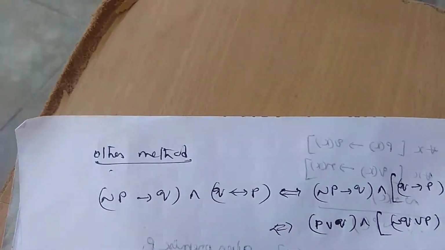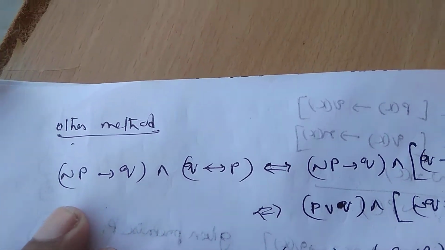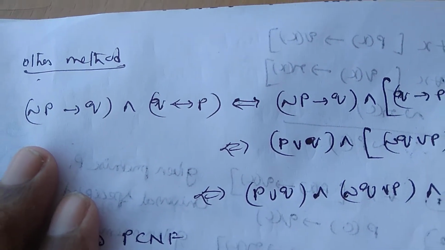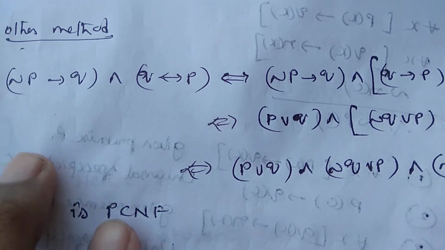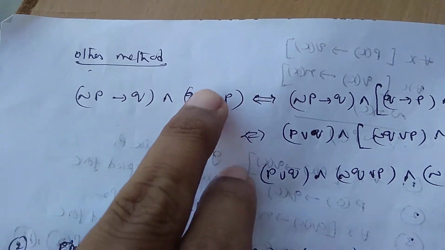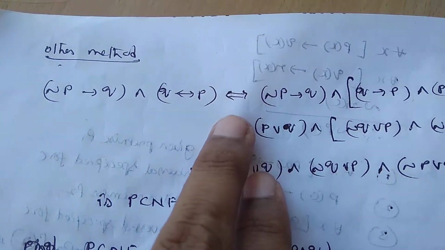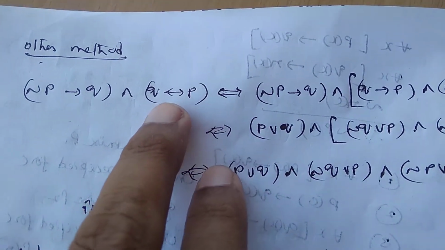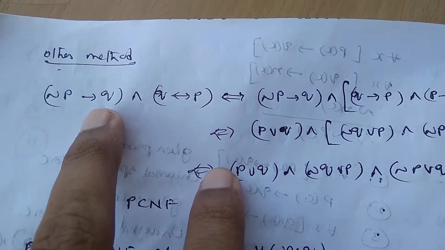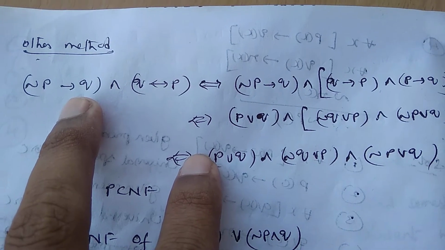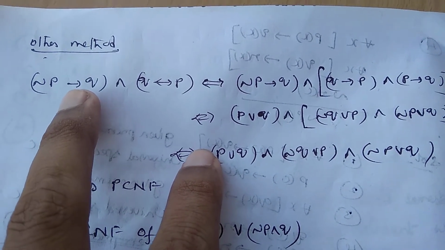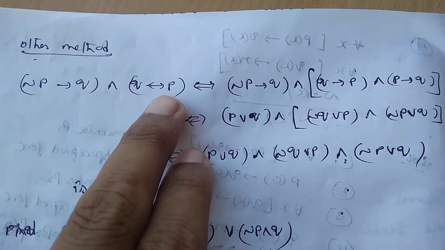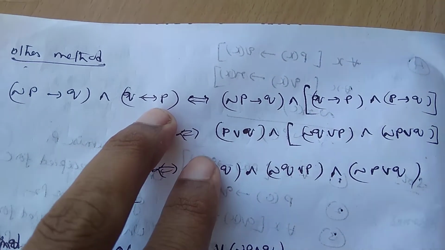Other than the truth table, you can use logical equivalent formulas or logical implications. For the given compound proposition, you have to get AND and OR symbols between two propositions, so if any other symbol is there, you have to convert it using logical equivalence formulas.